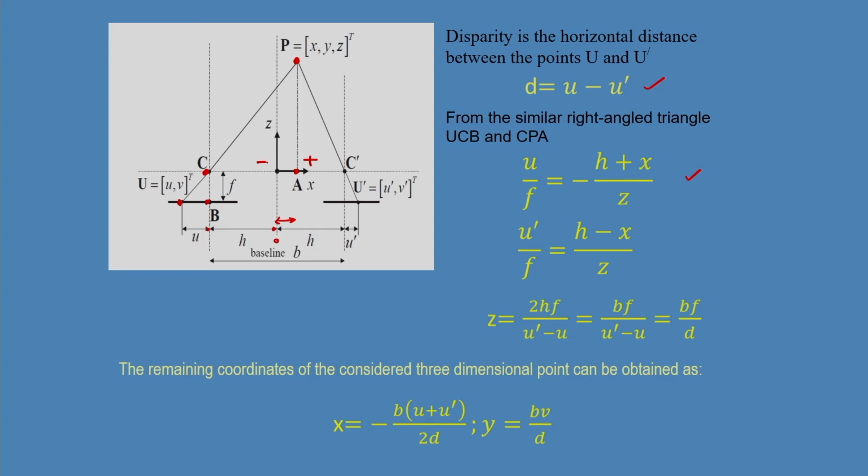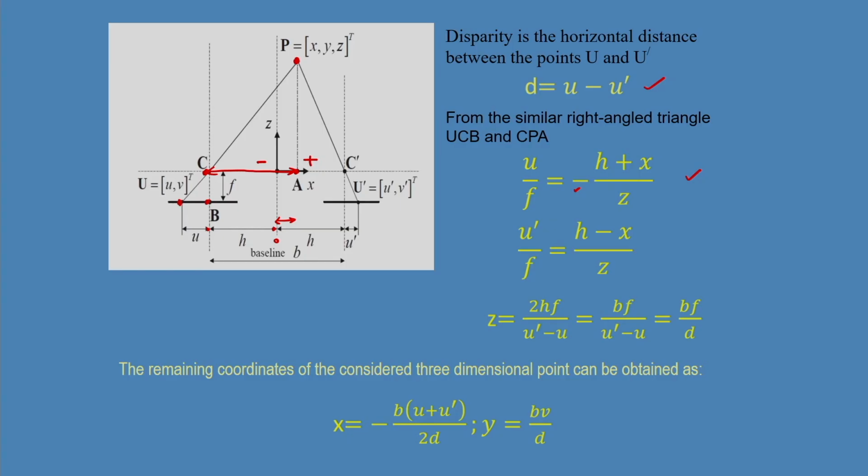The negative direction is minus, as I have shown, so that is why I have considered the negative sign here. The distance from this point to this point will be h plus x, but in the negative direction. So it is minus (h plus x) divided by z.